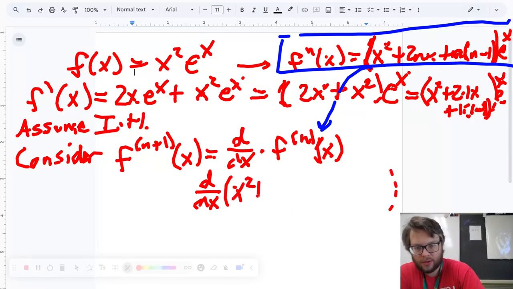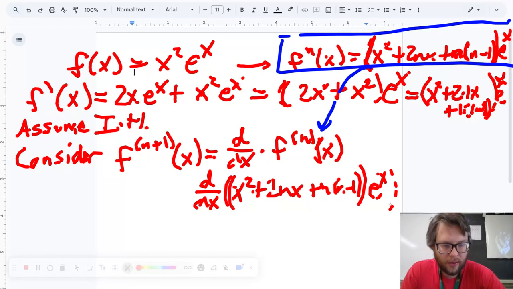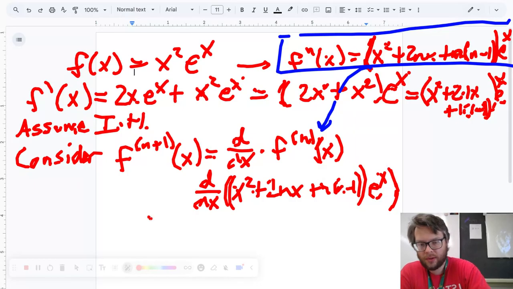X squared plus 2nx plus n minus 1, all that times e to the x. Okay, so we're going to do the product rule one more time. F prime is 2x plus 2n.